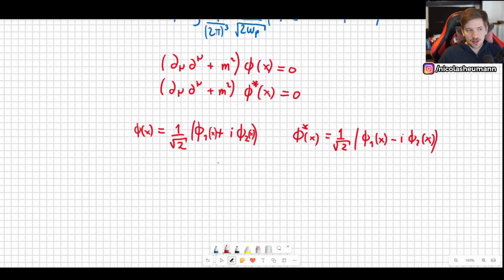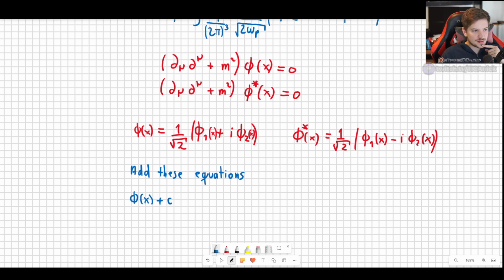The way to go about it is to just solve this system of equations. I think the easiest possibility is to just add them up. So we add these equations, and by doing that, we get phi plus phi star, and then we get 2 times phi 1, right?